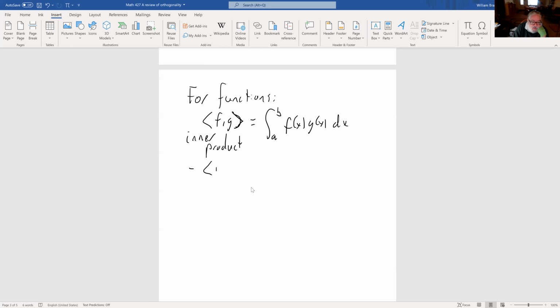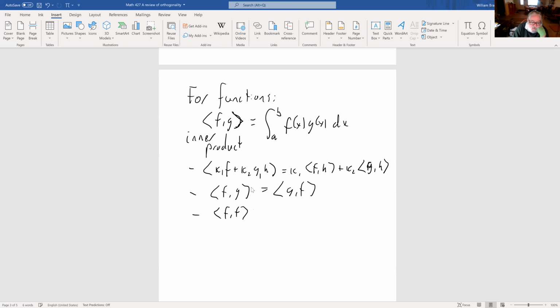It follows linearity. That means that the inner product of K1 F plus K2 G with H is K1 F H plus K2 G H. It's symmetric: the inner product of F and G is the inner product of G and F. And the inner product of F with itself is greater than 0 unless F equals the 0 function.